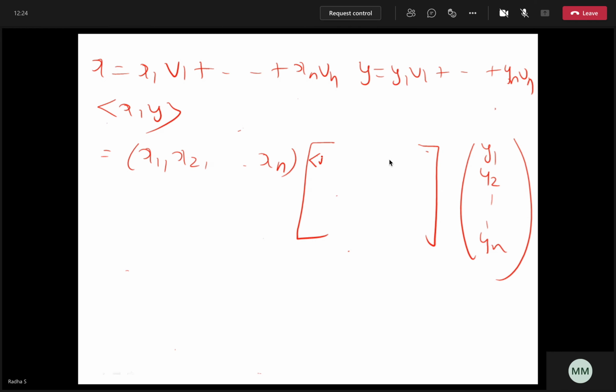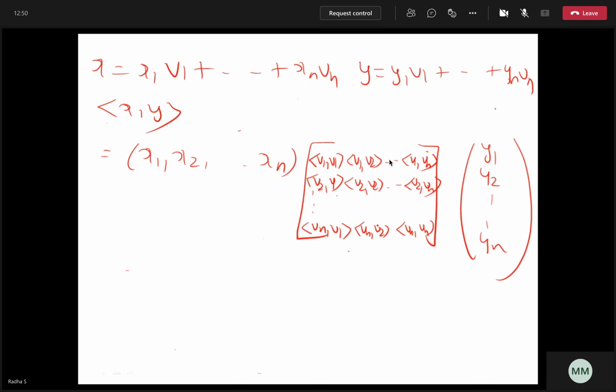It should be inner product of v1 v1, v1 v2, etc., v1 vn. Similarly here, v2 v1, v2 v2, etc., v2 vn. Dot, dot, dot. Here, vn comma v1, vn comma v2, etc., vn comma vn. So what type of matrix is this?